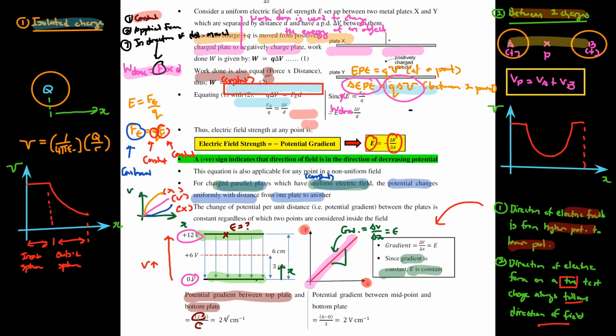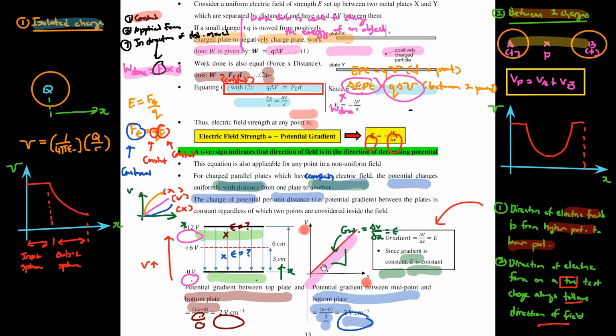You get 12 divided by 6, you get 2 volts per centimeter. Let's just say that you're interested in finding the potential gradient somewhere at the midpoint here. You find the potential difference between the midpoint and the bottom plate and divide by the distance, which is 6 divided by 3, giving you 2 volts per centimeter also. So even though you have changes in values here, the end result is that your field strength should still be the same, okay? So that's just one thing to note.